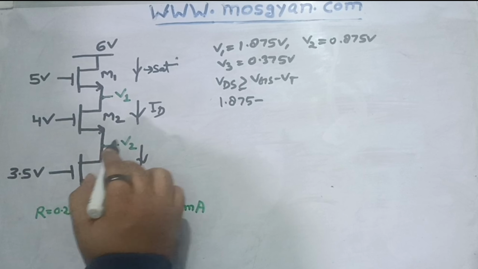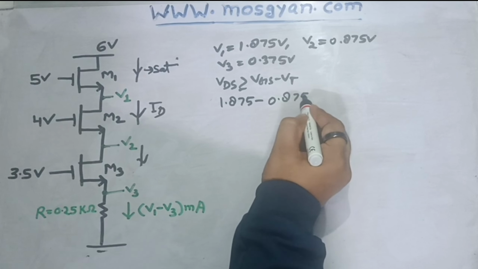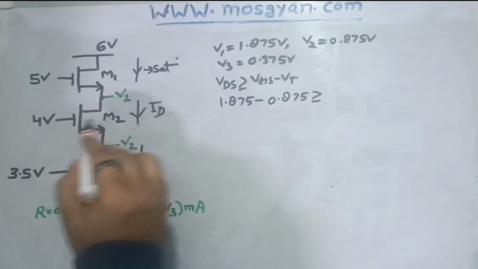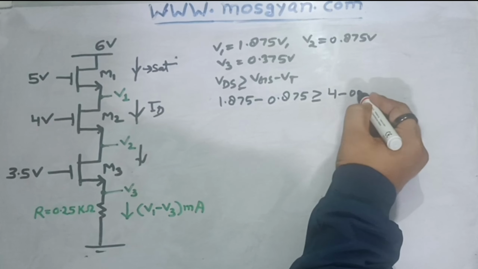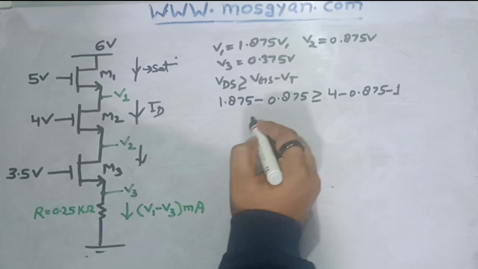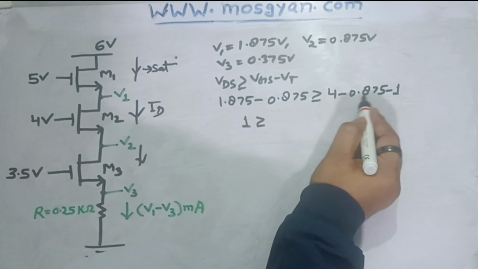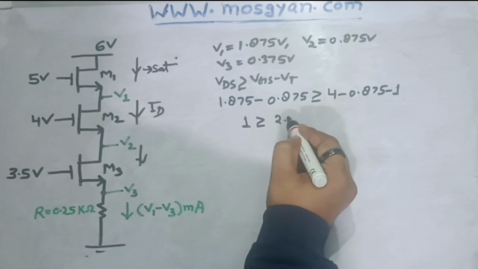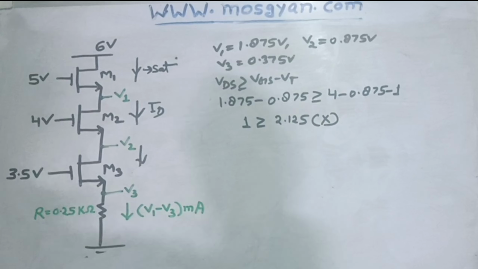V2 is source for this MOS, which is equal to 0.875. This should be greater than or equal to VGS minus Vt. VG is 4 volt. Source voltage is V2, which is equal to 0.875, minus Vt, which is 1 volt. So this is 1 volt, which should be greater than or equal to 4 minus 1, 3 minus 0.875, which is close to 2.125. And that's not true, right? 1 is not greater than 2.125.